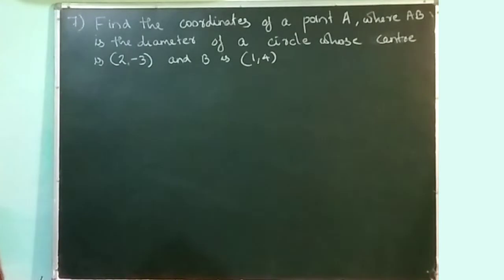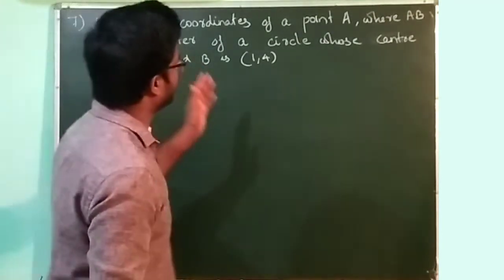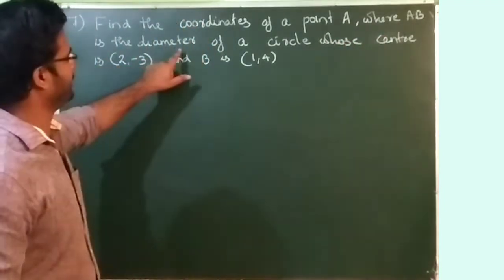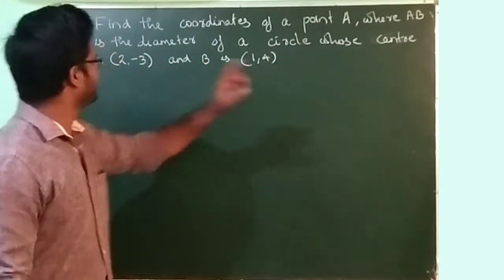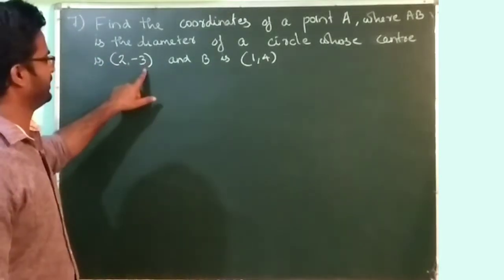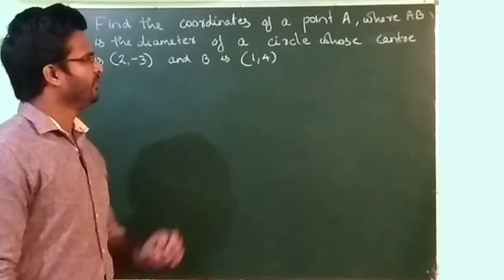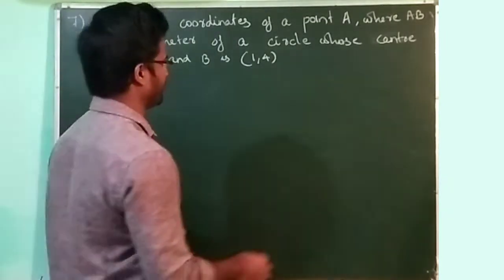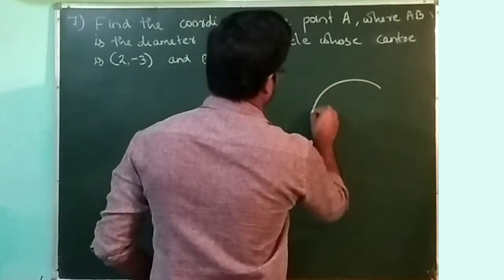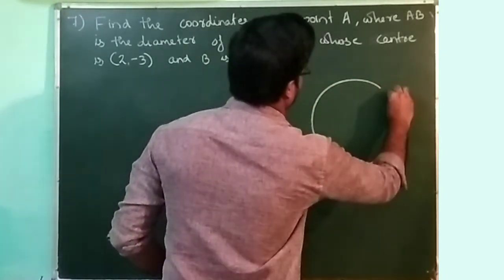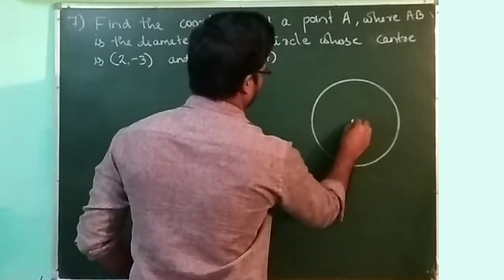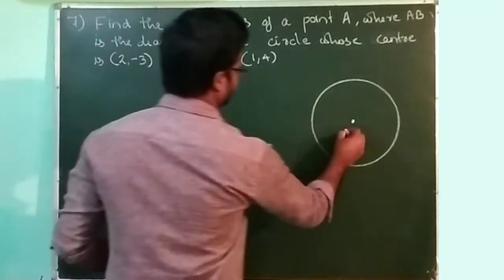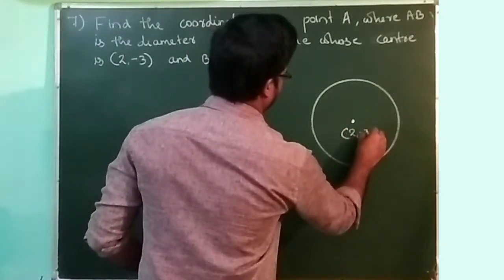Now we can do the next question, question number 7. Find the coordinates of a point A where AB is the diameter of a circle whose center is (2, minus 3) and B is (1, 4). Here one circle is given. We can draw that circle, with the center already given as (2, minus 3).